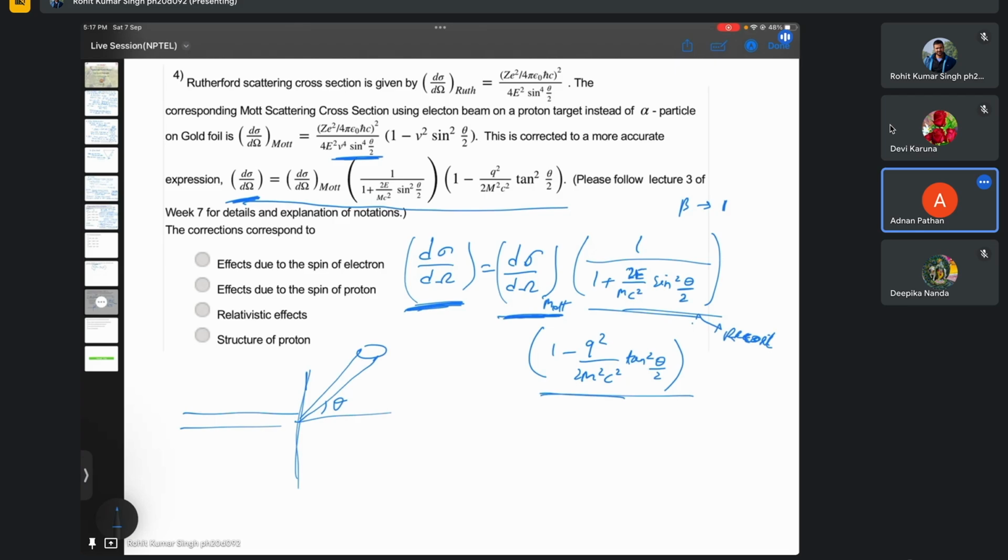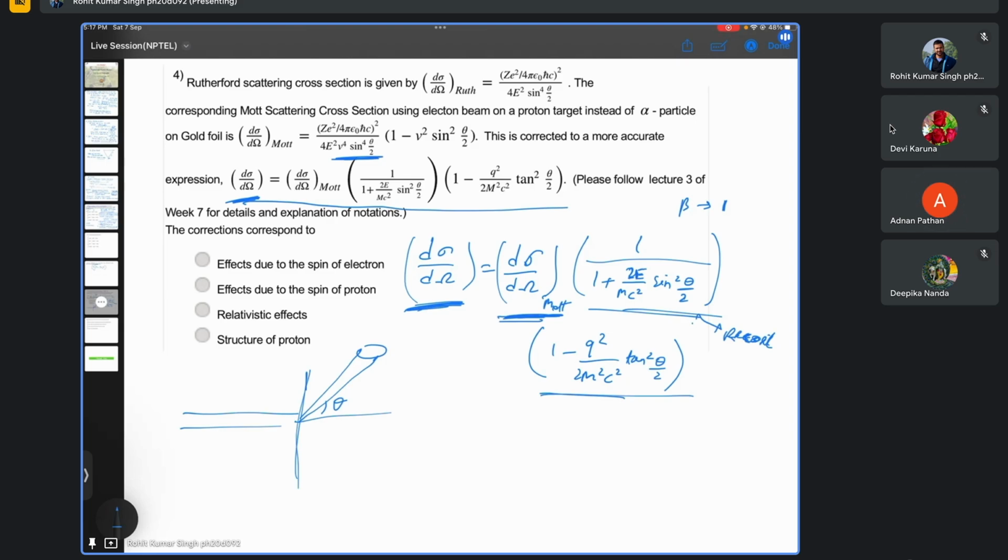By the way, you said the d sigma d omega is just due to the relativistic effects? Yes, sir, only the relativistic effects, right? What about the spin of the electron? Where does that get accounted for? The spin of the electron is not that relevant, right? Are you sure?